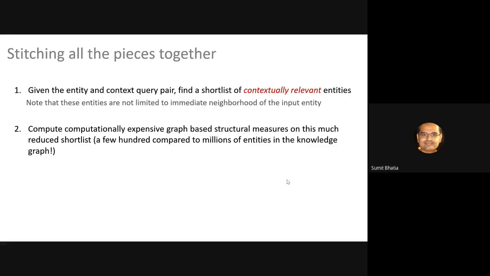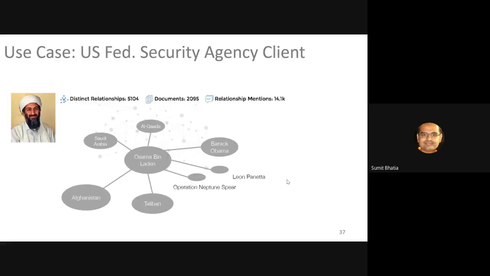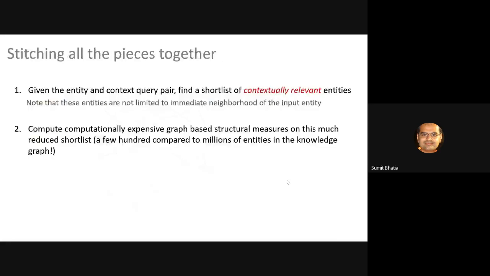Note that this set of target entities will be a few hundred, whereas the graph might contain millions of entities. We have used the context to reduce our search, and then we use the ranked list based on the probability and present it to users. Okay, so this was the problem and algorithm that we developed.